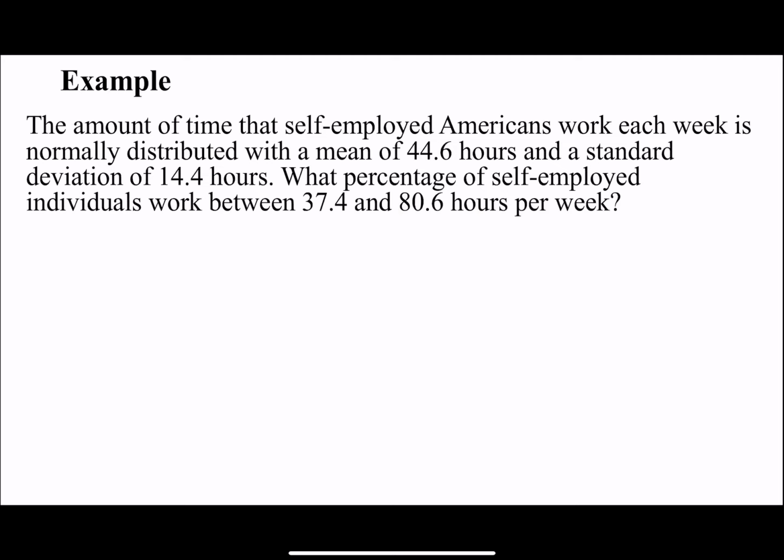The amount of time that self-employed Americans work each week is normally distributed. The mean value is 44.6 hours, and the standard deviation is 14.4 hours.